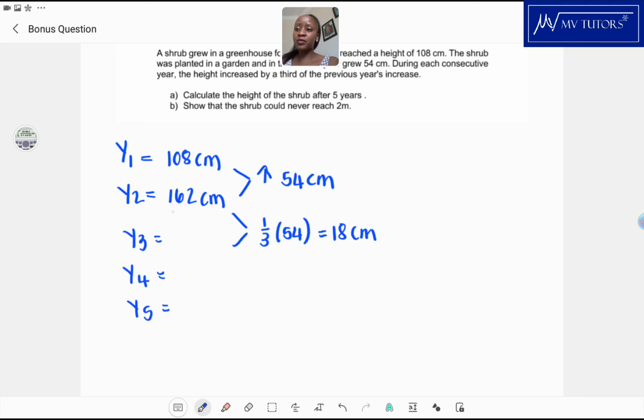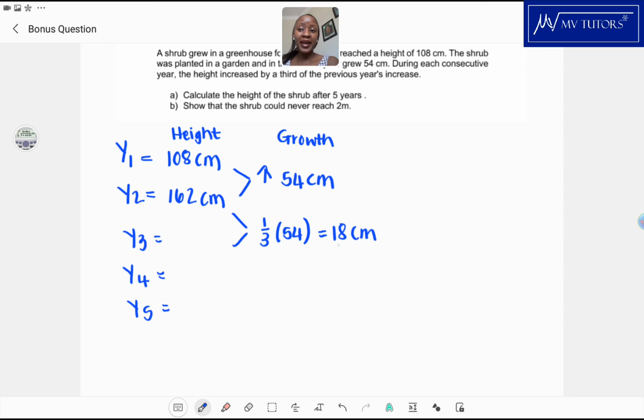So therefore, let me just say this is the height, and this is the growth. It grew by 54 centimeters and reached a height of 162.